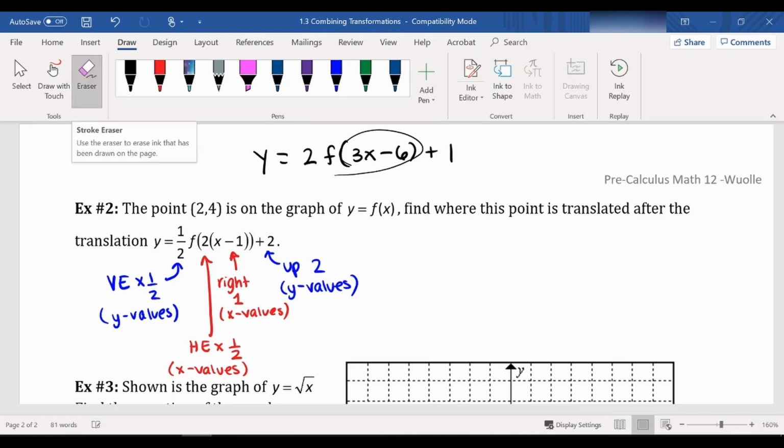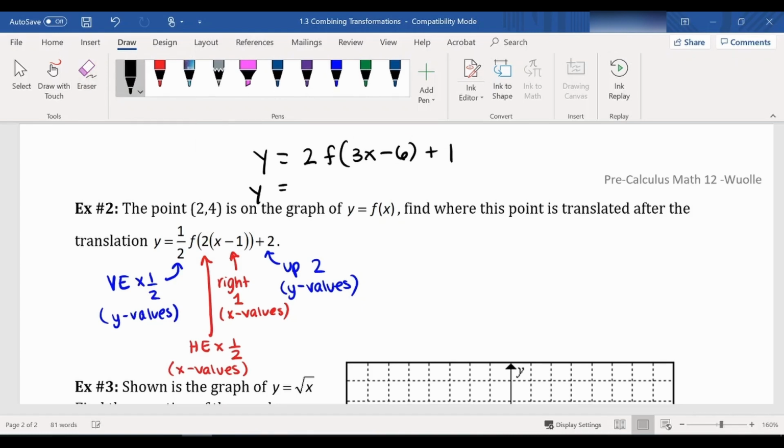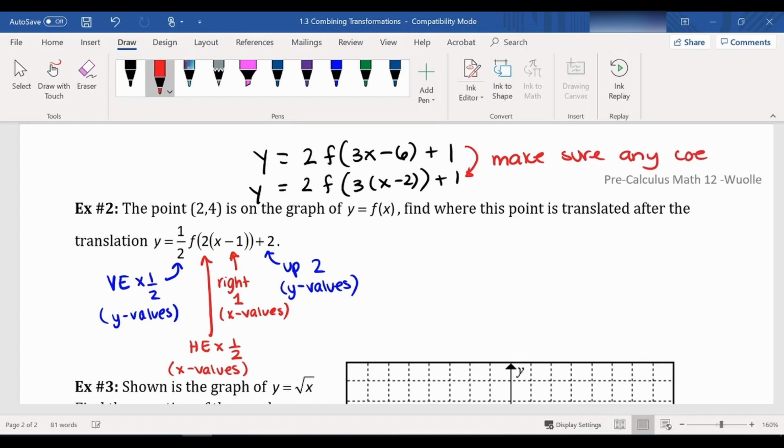In order to determine our movements, we have to make sure that any coefficient in front of the x is factored out before determining left-right values.